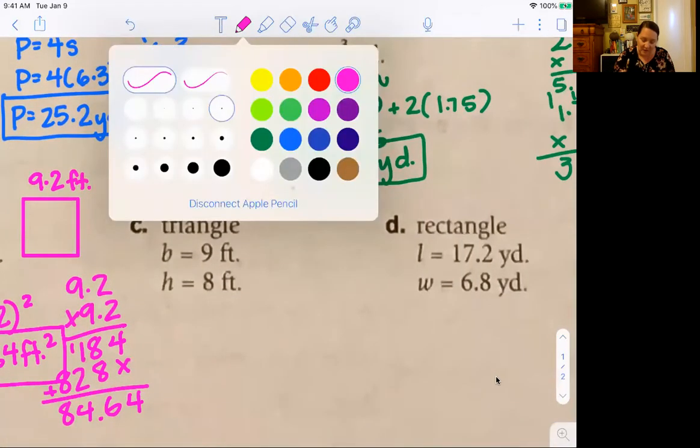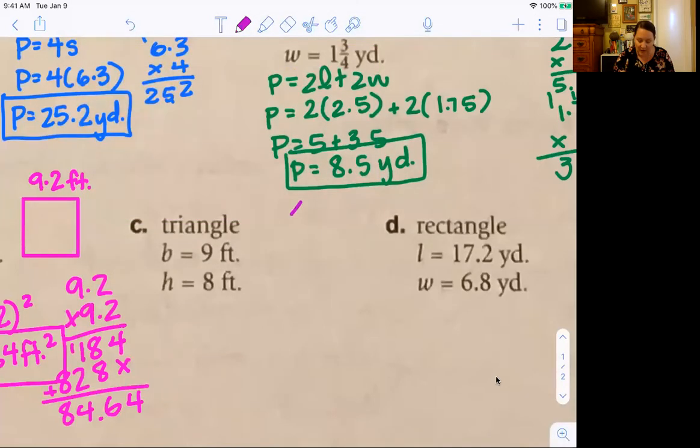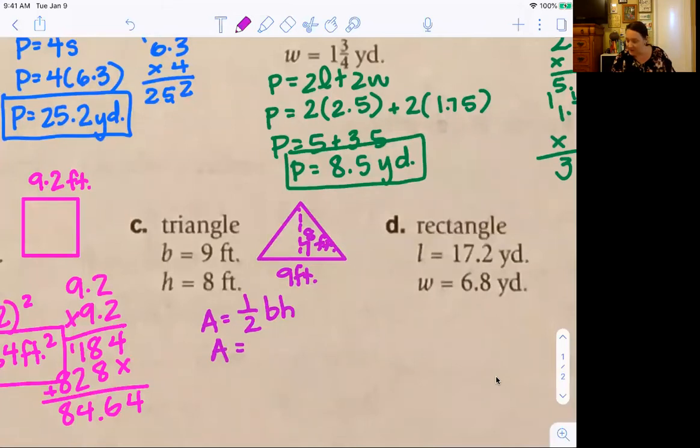Okay, triangle and rectangle. So if I have a triangle and my height is 8 feet and my base is 9 feet, what is the formula for the area of a triangle? Area equals 1/2 times base times height. Area equals 1/2 times 9 times 8.